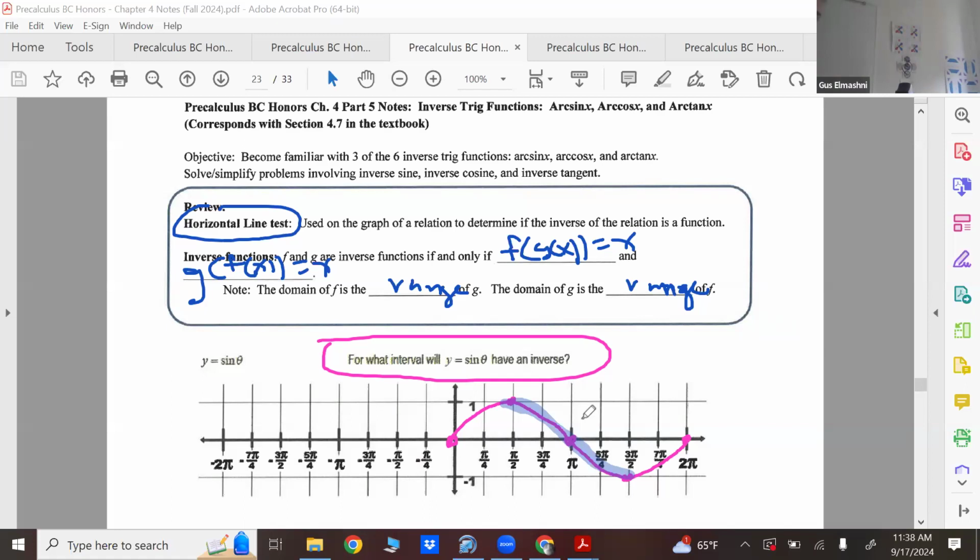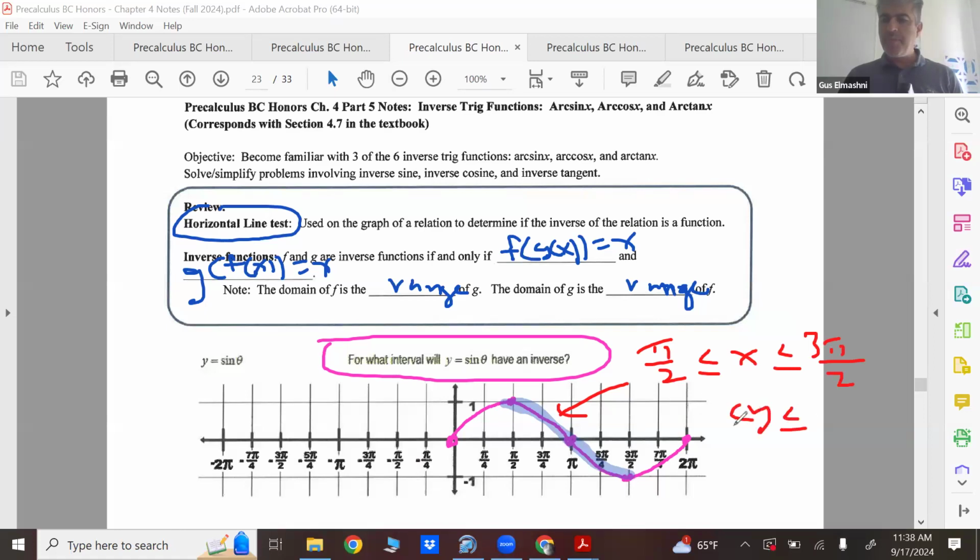And that portion is from what to what? What x values? Correct. So this portion is from pi over 2 to 3 pi over 2. And what's my range for that? -1 to 1. Exactly. Good.